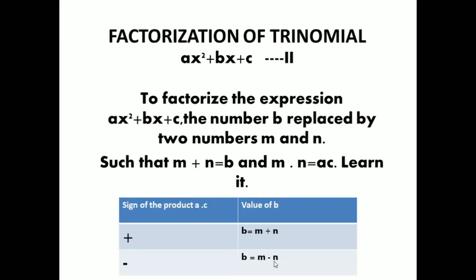This is the main thing you have to understand. When you multiply a and c, if the value comes negative, then we have to get the middle value b by subtracting the two numbers m and n.